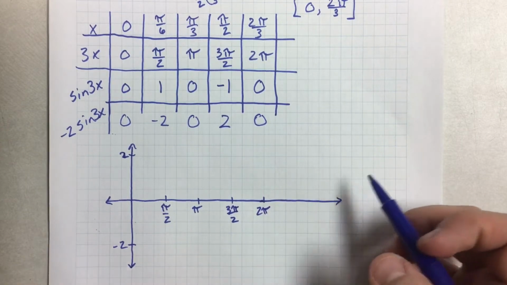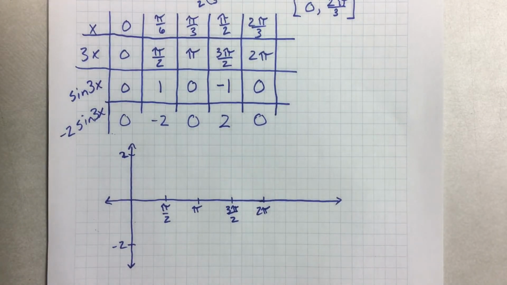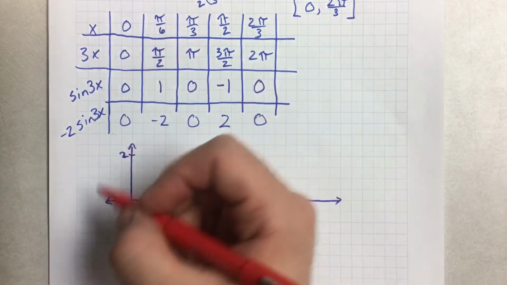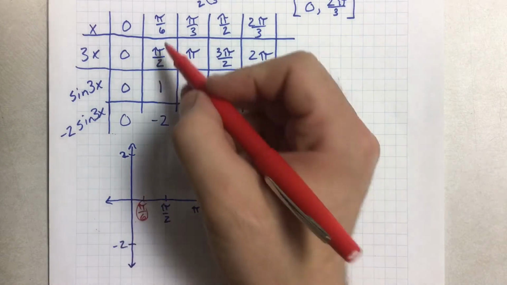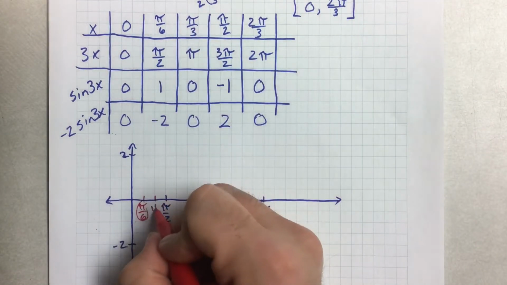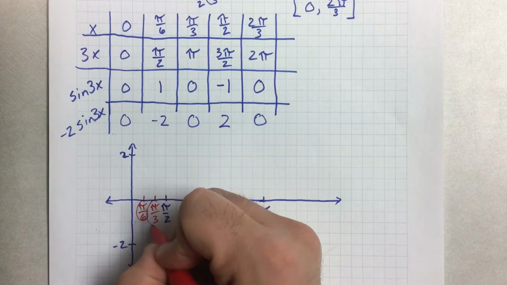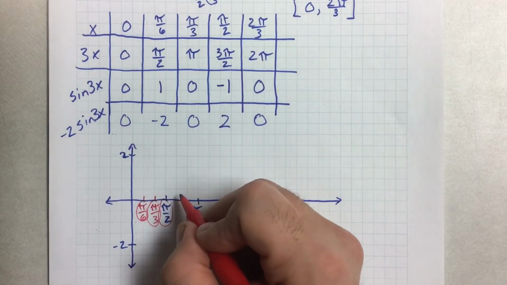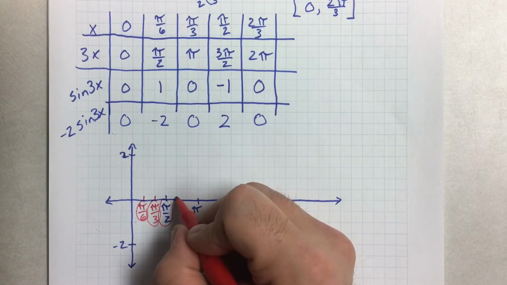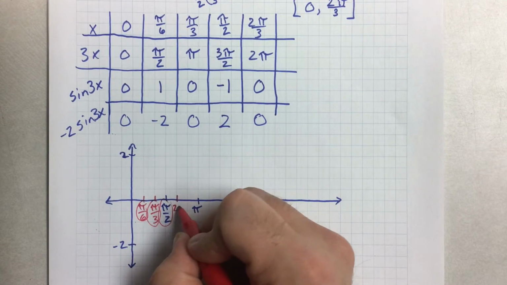Okay, so I need to plot pi over 6. That's right here. Pi over 3 is next beside it. Pi over 2. And 2 pi over 3, which is the next one.